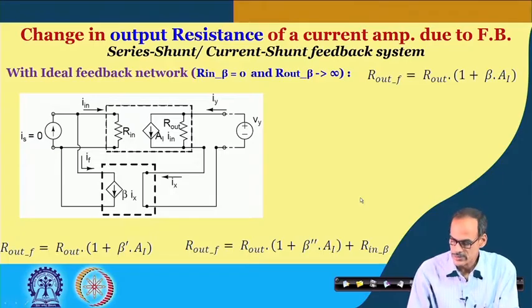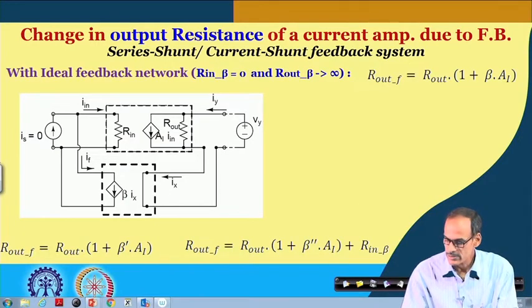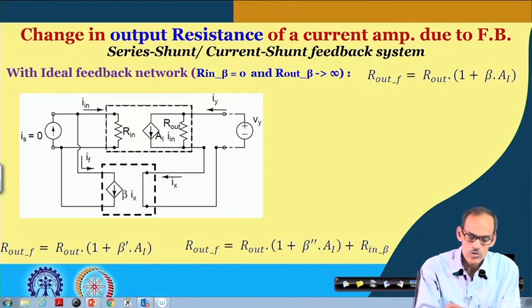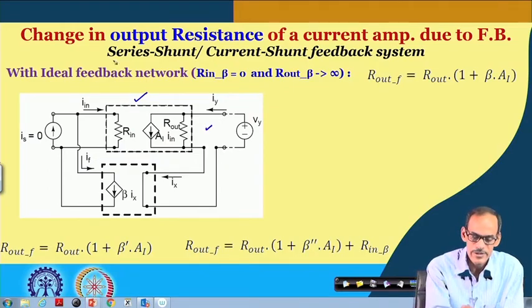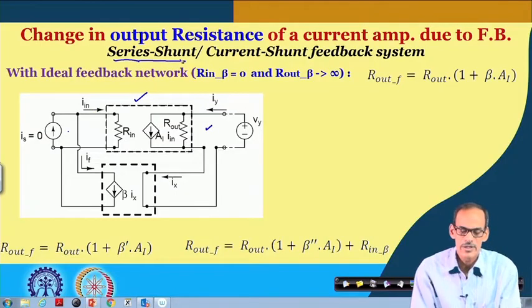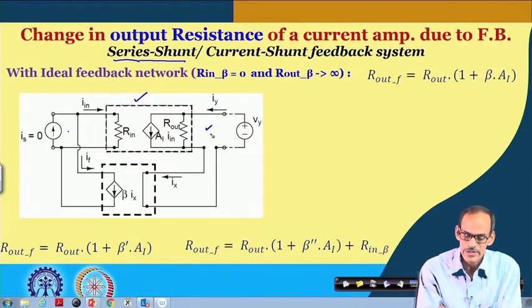So, we do have this current amplifier, given here, along with its feedback. As we have discussed, the sampler is series and the mixer is shunt. So, the feedback is series-shunt, or you can say current sample and shunt feedback.